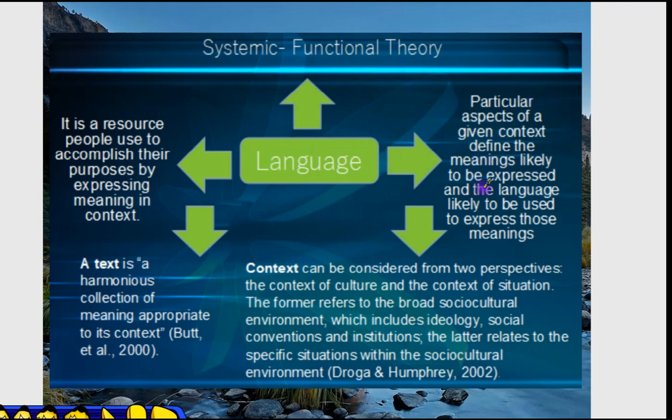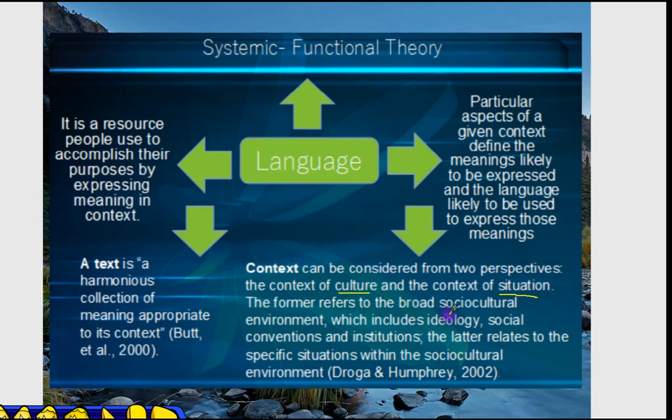Particular aspects of a given context define the meanings likely to be expressed and the language likely to be used to express those meanings. Context can be considered from two perspectives, and this is something I was pointing out to the students during the meeting. The context of culture and the context of situation.